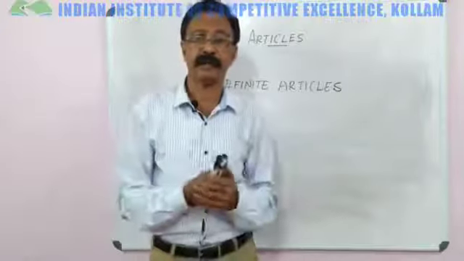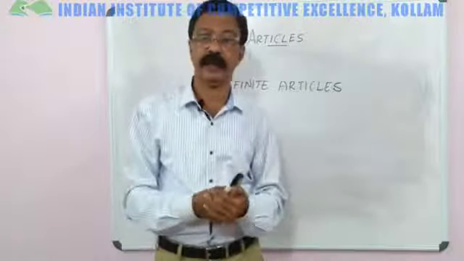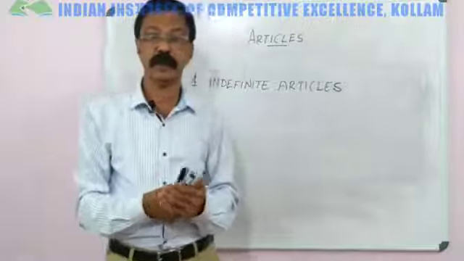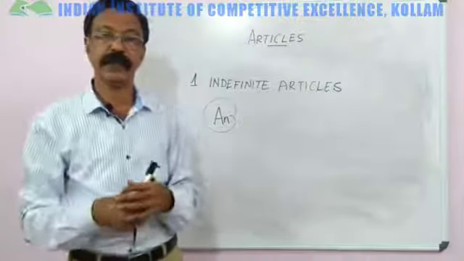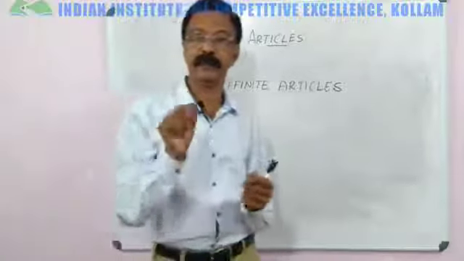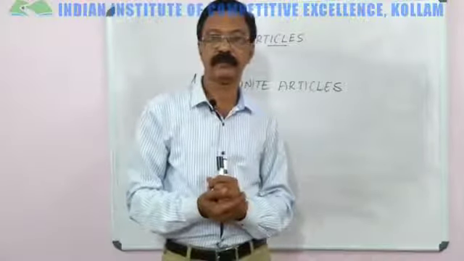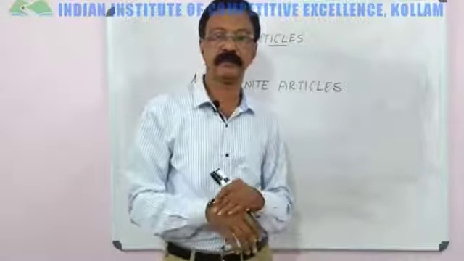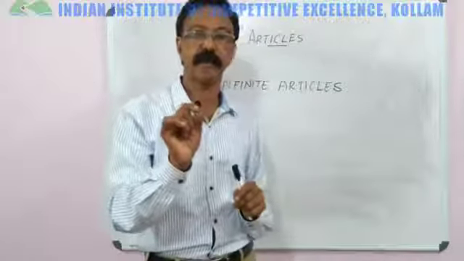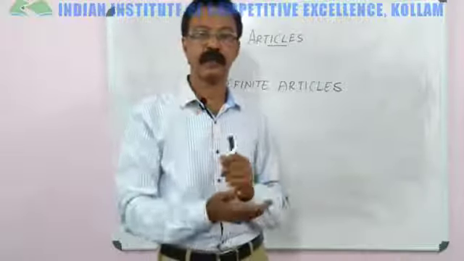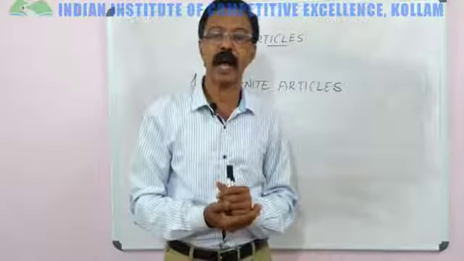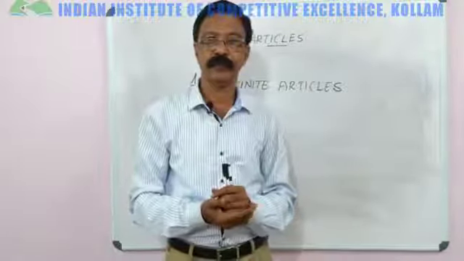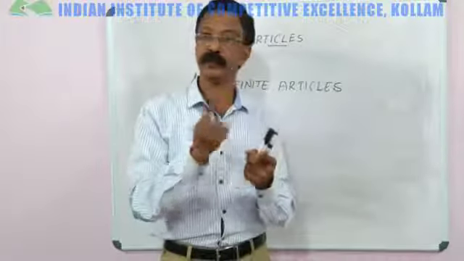An apple a day. An apple. A day. Day, D-A-Y, day. D is a consonant. And A is a vowel sound. The first sound of apple is A. So, an is used, not a.